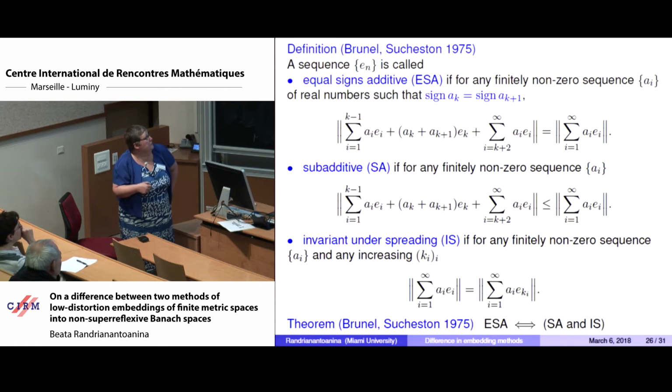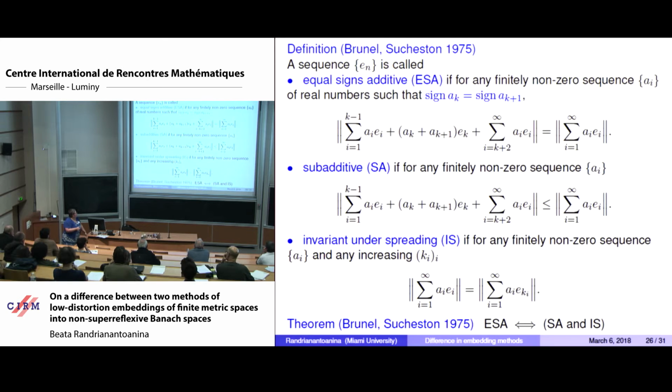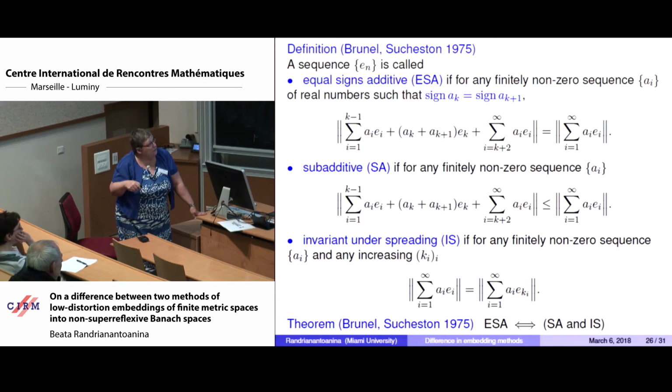But the way they stated it, in general, it is less or equal. But if the signs are equal, then it's equal. And then invariant under spreading, meaning that it doesn't matter if I push my coordinates forward somewhat. And what they proved right away is that this equal sign additive condition, the first condition, is equivalent to the two other conditions.